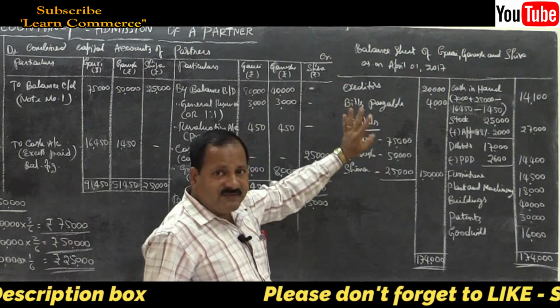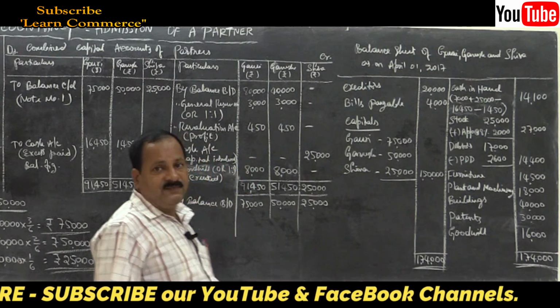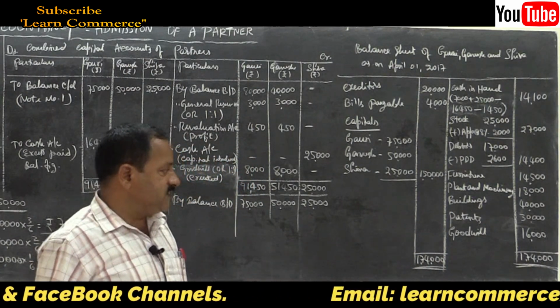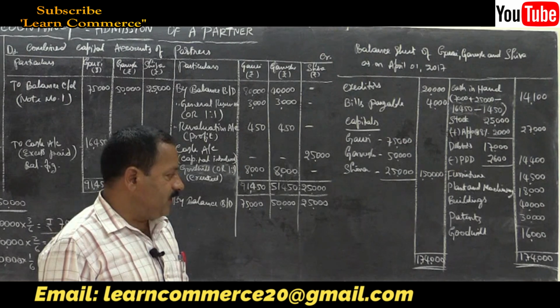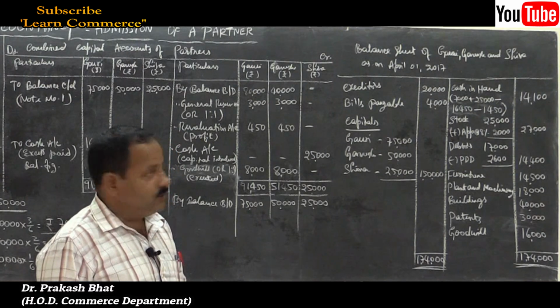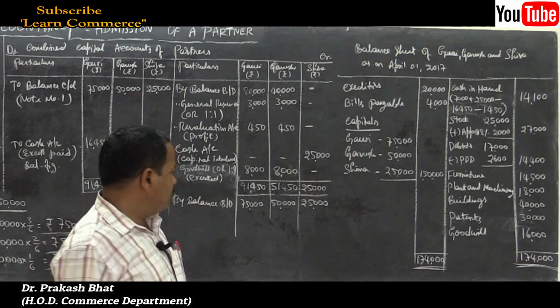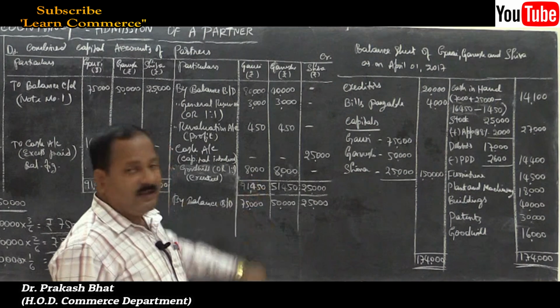Creditors and bills payable remain as they are. Write the total. Balance sheet agrees, 1,74,000. So only your cash balance changes to 14,100. That's all. Then a small change in the capital account.